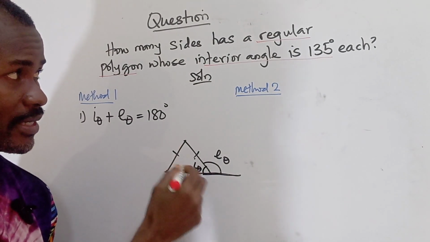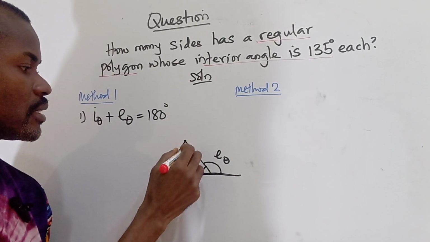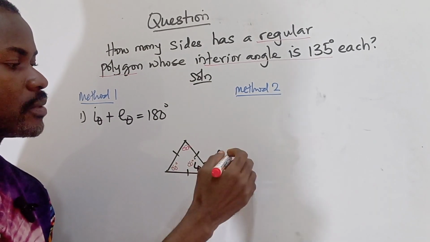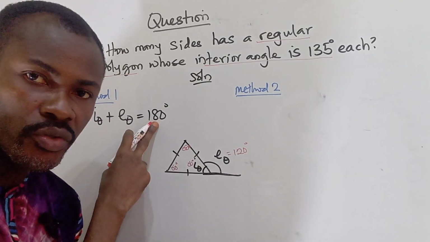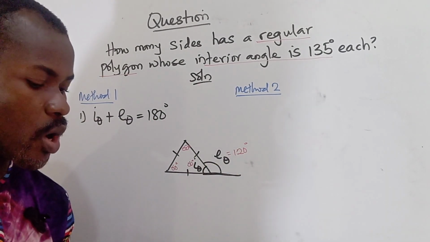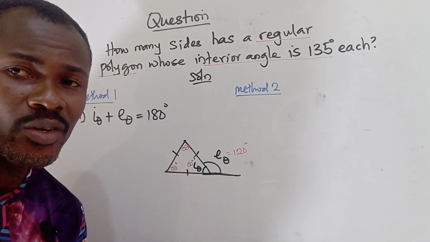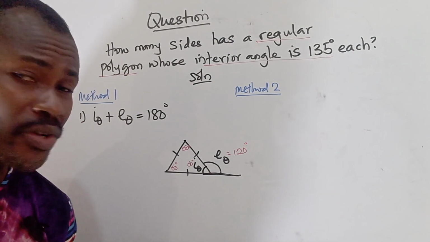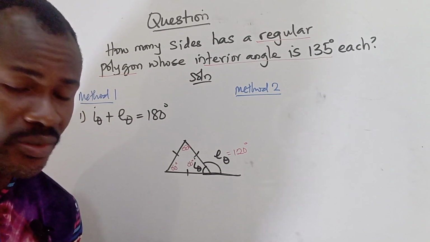Remember, since this is a regular triangle, this is 60 degrees, this is 60 degrees, and this is 60 degrees. So 60 plus this should be 120 degrees to give us 180 degrees. So the sum of these two will always give us 180. And the same applies to any other shape, be it a quadrilateral, a pentagon, a hexagon, heptagon, nonagon, and decagon, and so on and so forth.